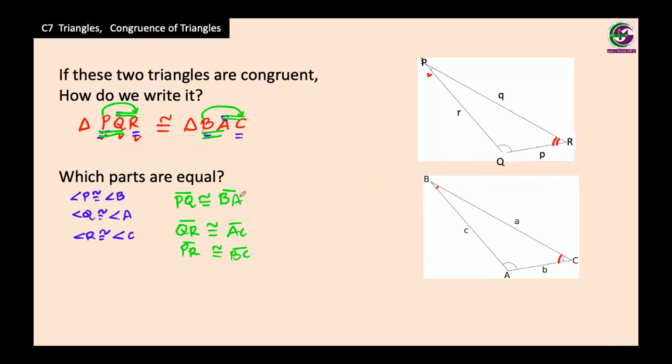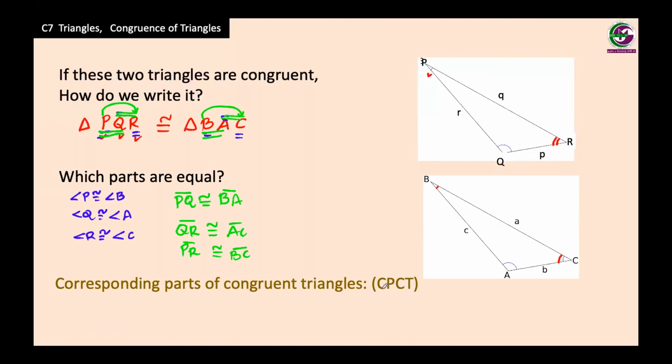So, what we understand from this example, when two triangles are congruent, all the three corresponding angles are equal and all the three corresponding sides are equal. This is called corresponding parts of congruent triangles, and it can be abbreviated as CPCT.